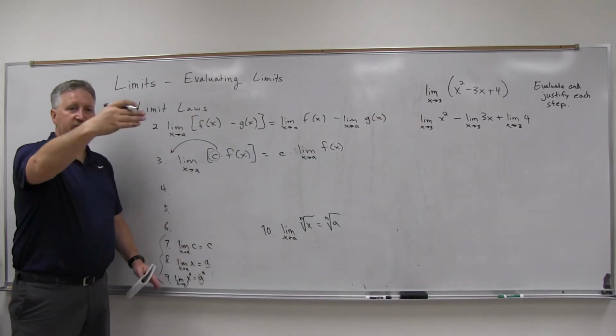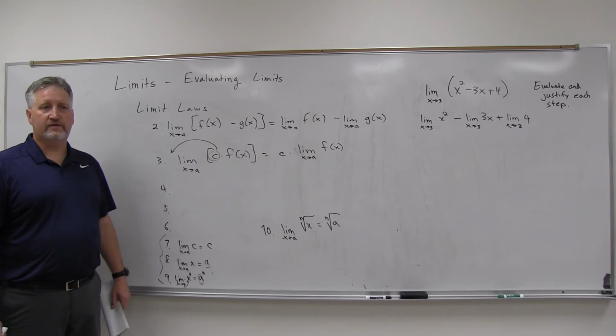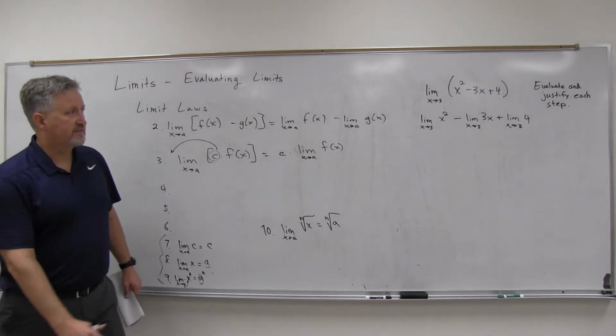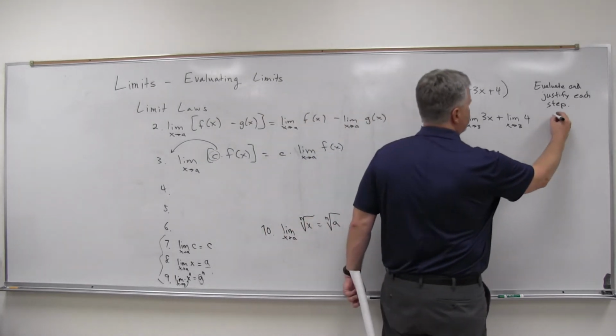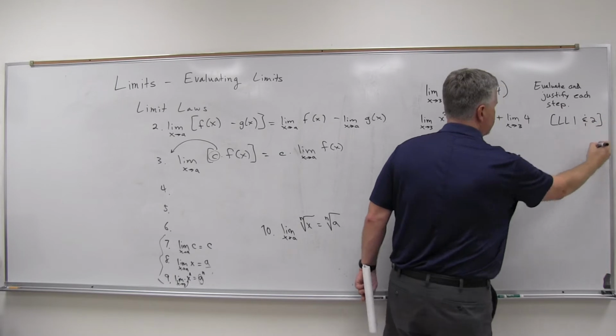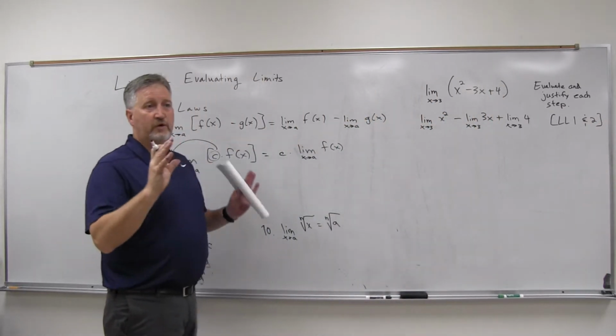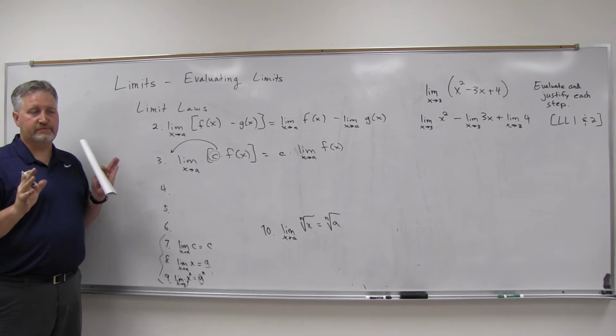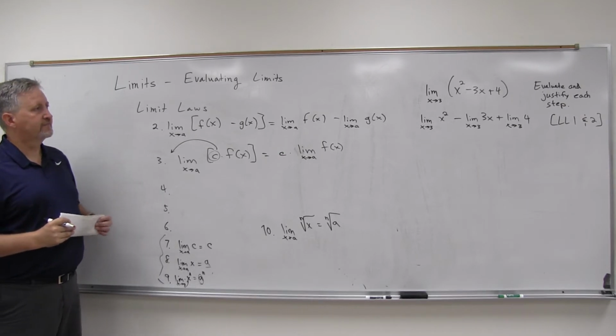So I'm just individually going to evaluate those limits. So that's limit law 1 and 2. With me there? That's what allows me to do that, because I'm just breaking up the subtraction and the addition.